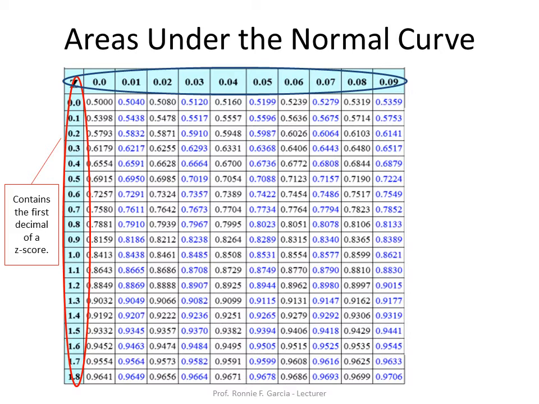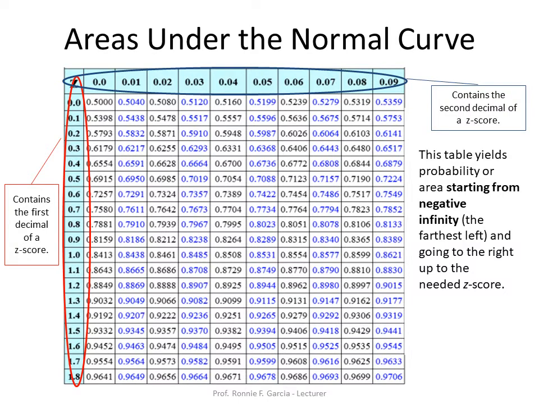After that, you find the values at the center of the table. This table yields probability or area starting from negative infinity, that is from the left, going to the right of the needed score. So this is now the concept of the table.